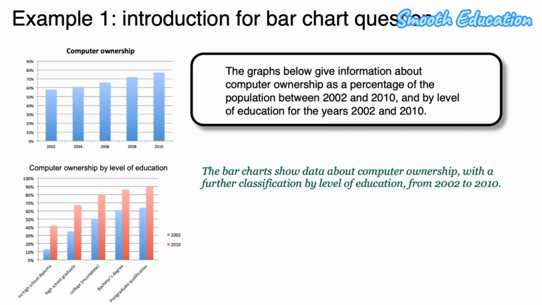Finally, when indicating a time period, instead of the original expressions between 2002 and 2010 and for the years 2002 and 2010, I simply wrote from 2002 to 2010.